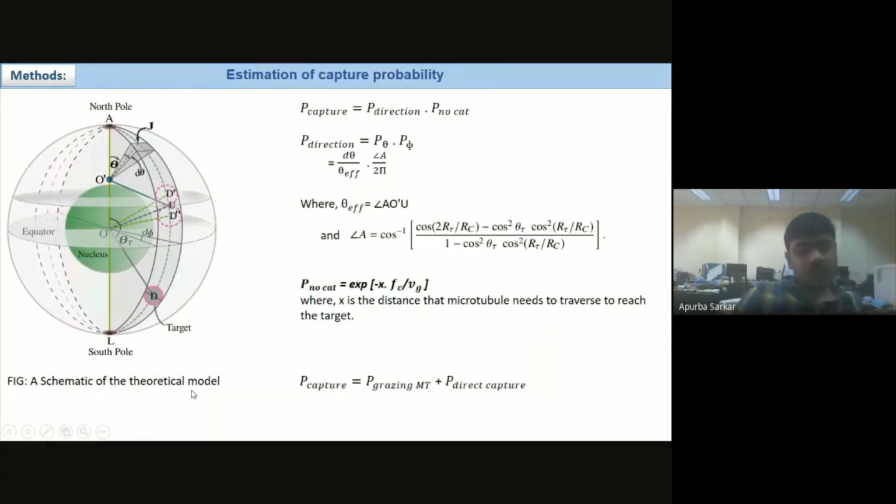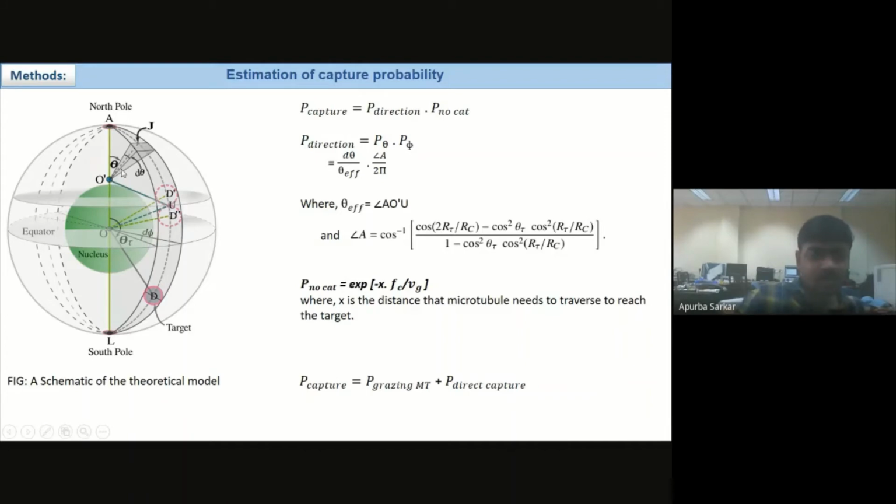This is the schematic of our theoretical model. Here, this is the target, and O dash determines the position of the MTOC. Now we constructed the spherical loon. This is the spherical loon associated with the target. It is constructed by considering 2 great circles passing through the edges of the circular target. Now one can easily see that for a successful capture, the microtubule needs to satisfy 2 conditions.